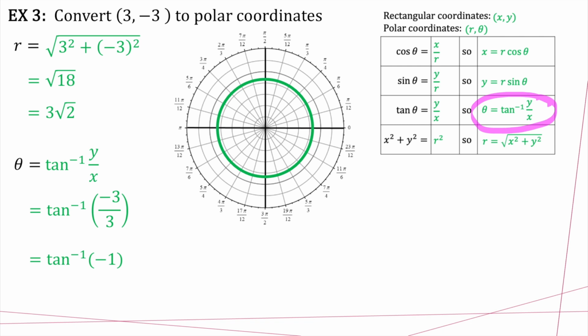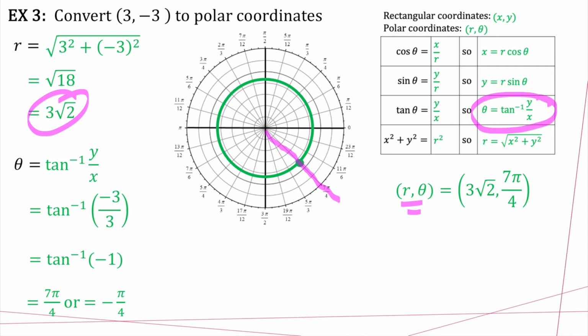So where is tan inverse of negative 1? It's at either 7 pi over 4 down here or negative pi over 4. So when we convert this to polar form, we could say that this r, theta is 3 root 2, 7 pi over 4.